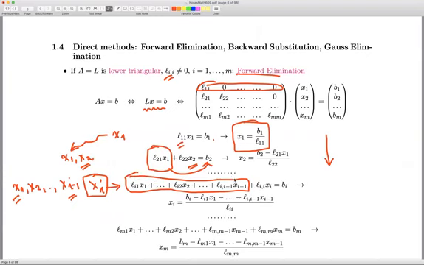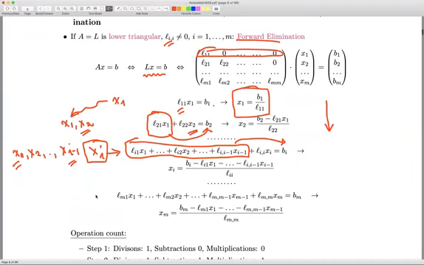We move them to the right hand side, and we find the expression for xi. And finally, when we go to the last, mth equation of the system, everything up to that moment is known, and the only unknown part is xm. Then we move this part to the right, and we find an expression for xm.